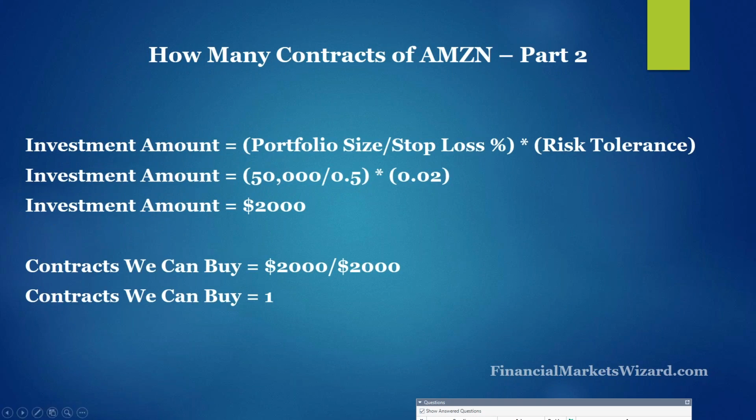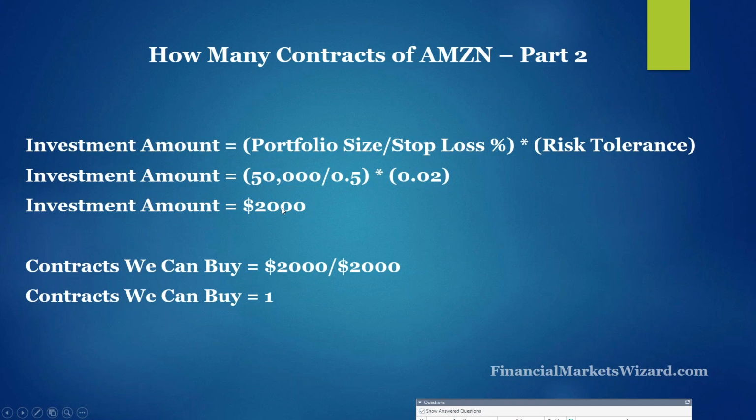And the reason is, here's the formula which I gave you earlier. The portfolio size is 50,000, your stop percentage is 50%, and your risk tolerance is 2%. If you do the calculation, the investment amount is $2,000.